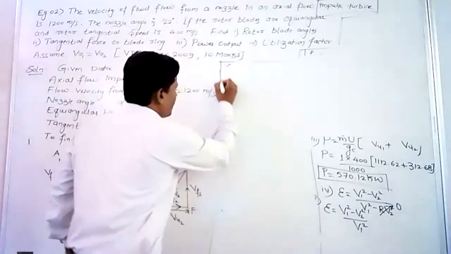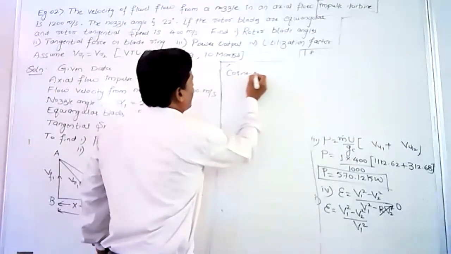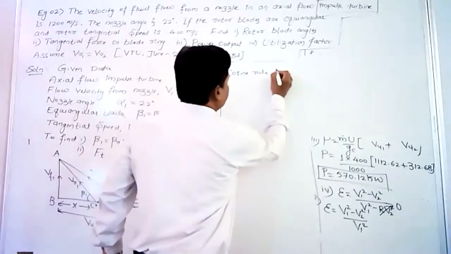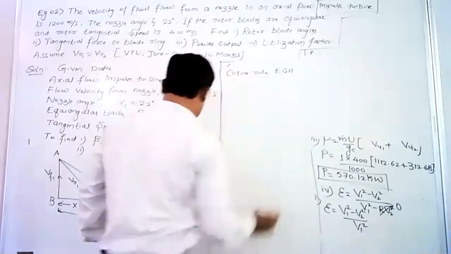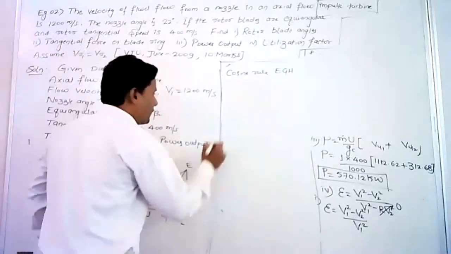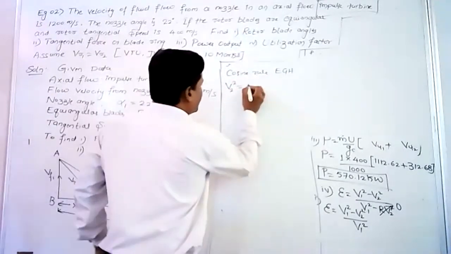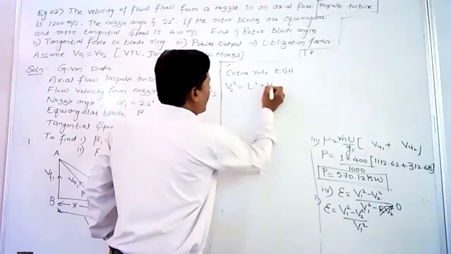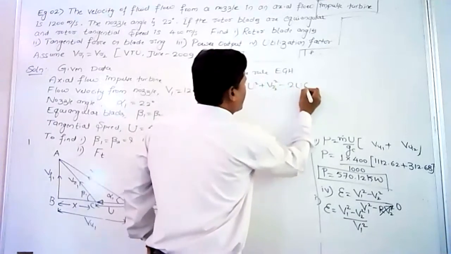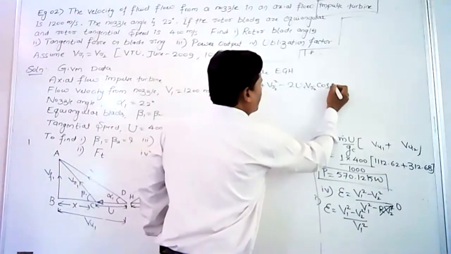Right here, using the cosine rule to the triangle EGH. Make it fast because we are left with only 3 minutes. V2 square equals U square plus VR2 square minus 2 times U VR2 cos beta 2.